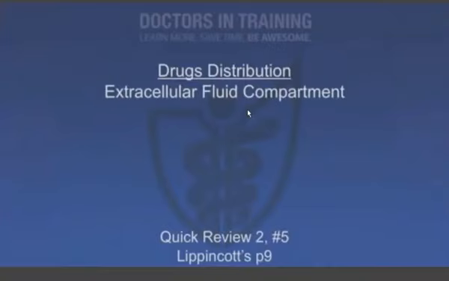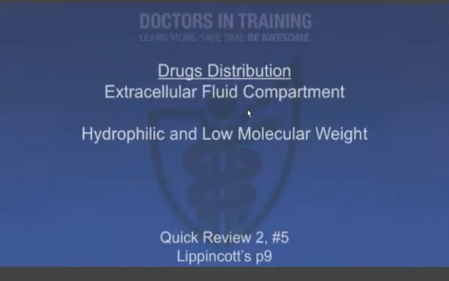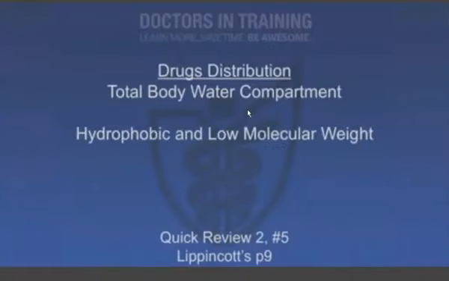Drugs that distribute into the extracellular fluid, the extracellular volume we said was 1/3 of the total body water. Drugs that can get there are hydrophilic drugs, water-loving drugs, drugs that dissolve very easily in water, and low molecular weight drugs, so they can get through the capillary beds and get into the extracellular volume. And total body water, these are hydrophobic drugs and low molecular weight drugs.